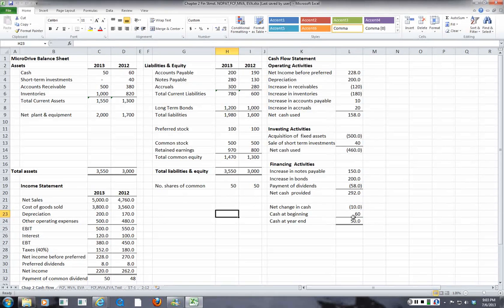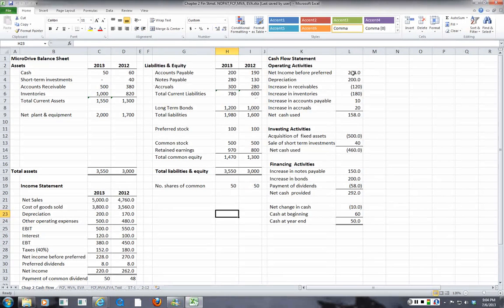The cash at the beginning of the year was $60,000, which you can see in the 2012 balance sheet. You deduct $10,000 from that $60,000, and you come up with the cash at the end of the year of $50,000, and you can reconcile that back to the balance sheet.